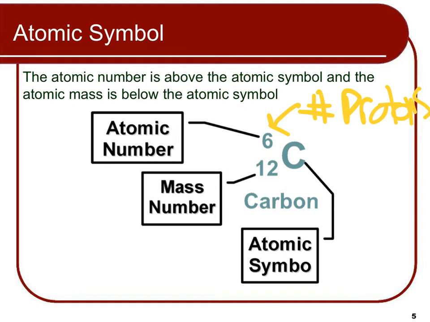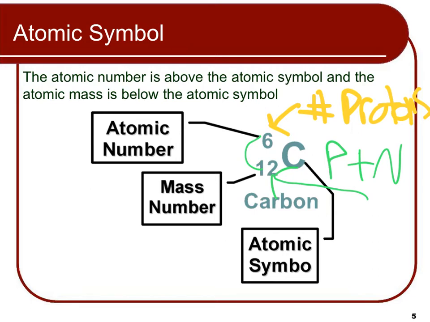I think my font is a little bit too big here. This bottom number here is called the atomic mass, and that is going to be protons plus neutrons. So, if you do the math here, 12 minus 6 is 6. That means there are 6 neutrons.